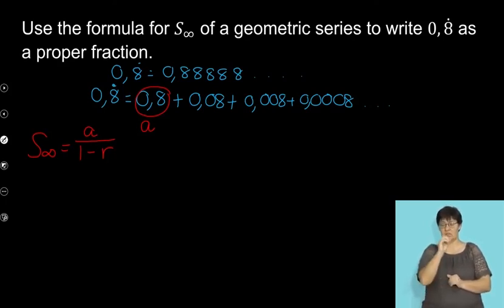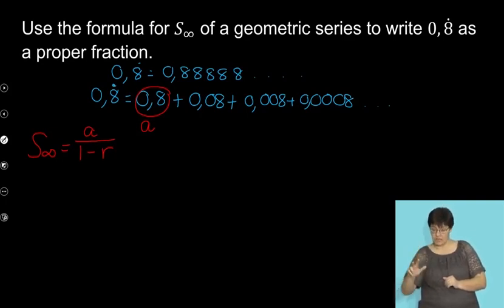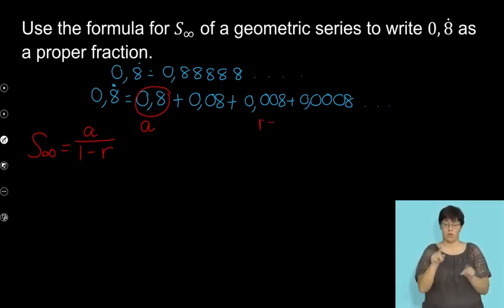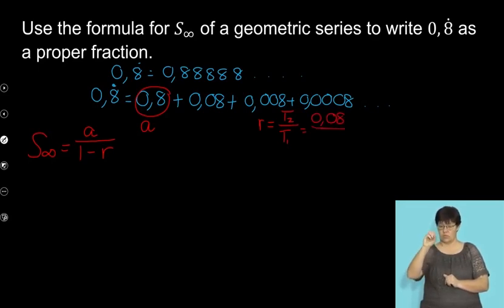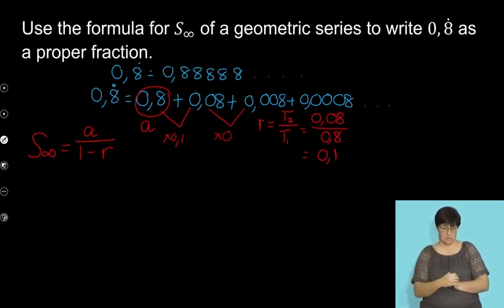From 0,8 to 0,08 to 0,008, I need to establish my common ratio. I can work out my common ratio as term 2 over term 1. Term 2 is 0,08 over term 1, which is 0,8. This gives me a common ratio of 0,1. So I can see that I multiply by 0,1 each time.